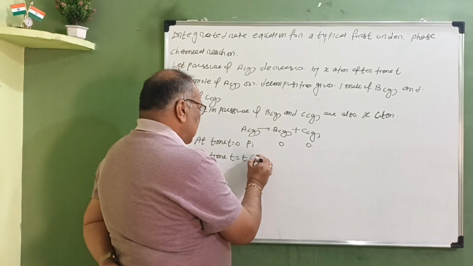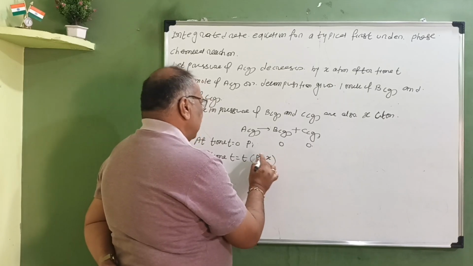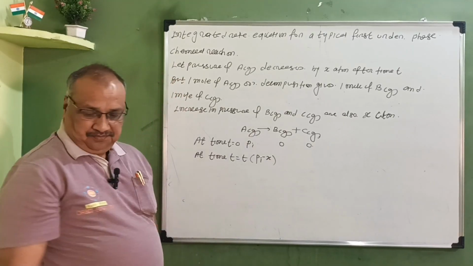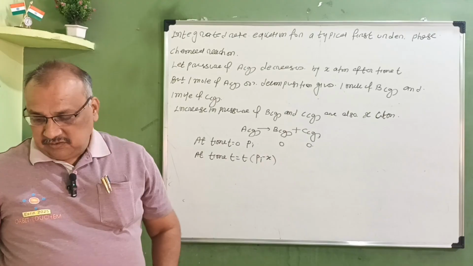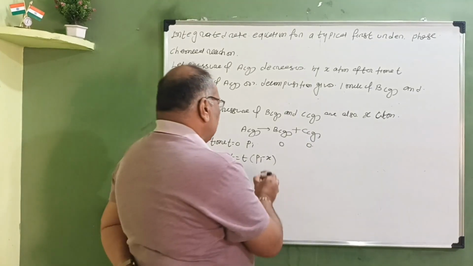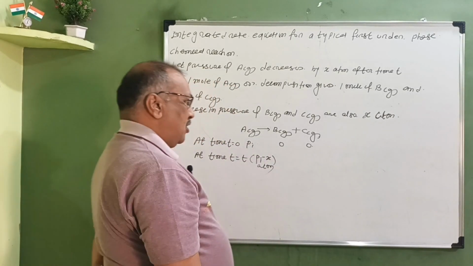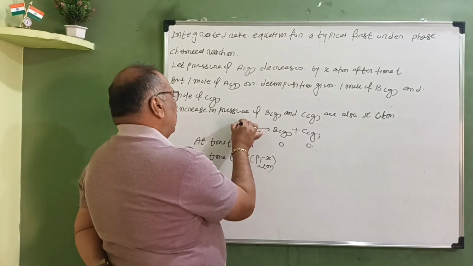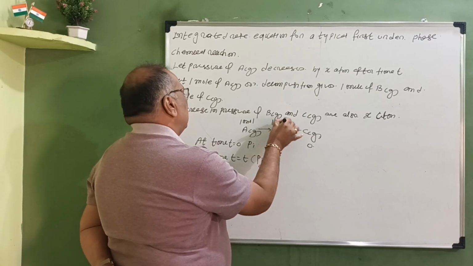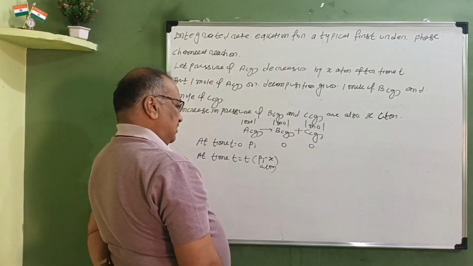That means here write down pressure Pi minus x atm. Now here observe the reaction. 1 mole of A gas on decomposition gives 1 mole of B gas and 1 mole of C gas.